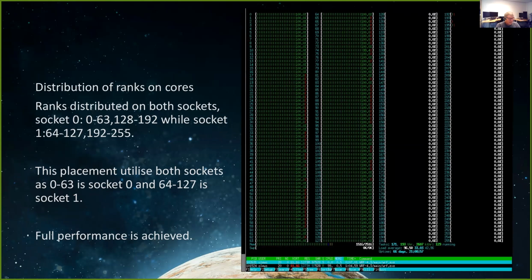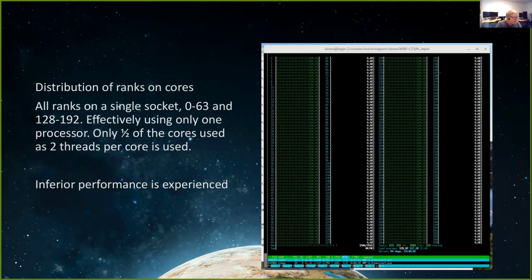Hopefully memory is allocated correctly, so that the first socket is only allocating memory on the first socket, and socket 1 is allocating memory on socket 1, and that we have put in binding so that a thread running on one socket will stay on that socket, because if it jumps over to another core on another processor, the memory might not be local, and that impacts performance.